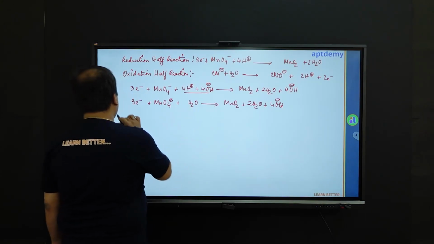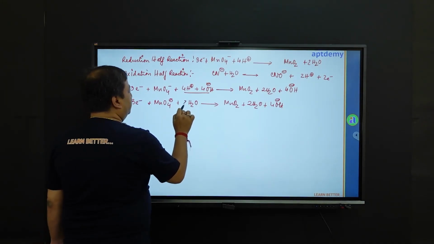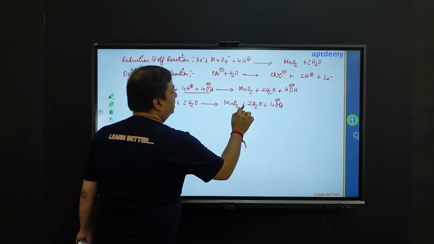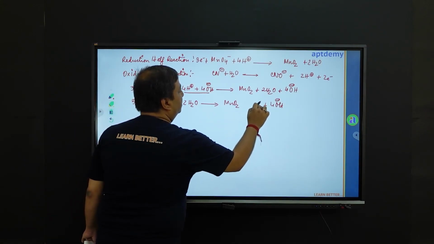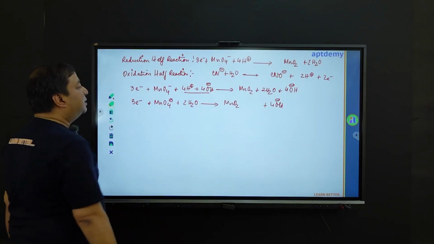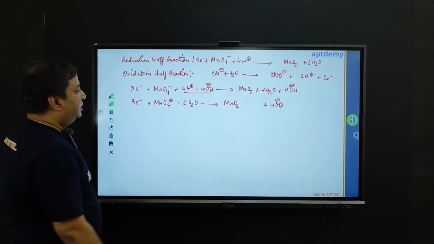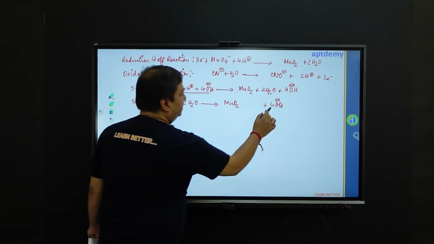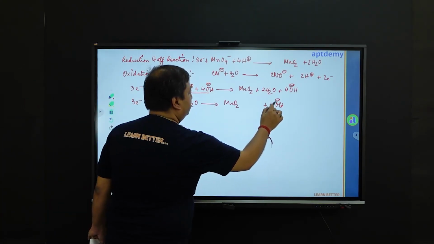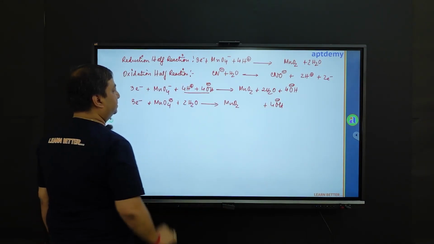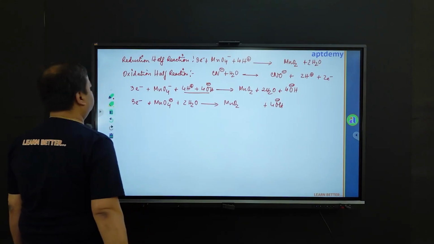We take out 4 from here, we write 2, and then we take out this water molecule from this equation. Now this becomes a completely balanced equation, and we can recheck: 4 hydrogens, 4 hydrogens, total 6 oxygen over here, and here also 6 oxygen. So it is balanced so far.